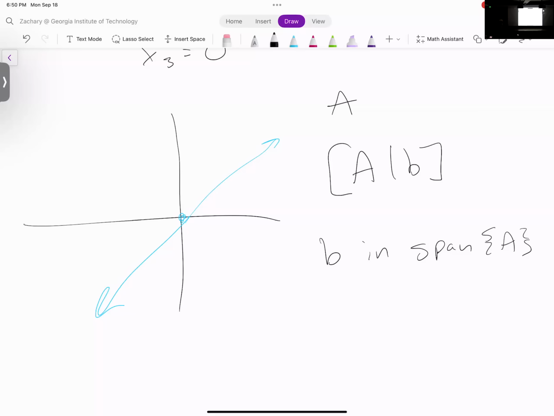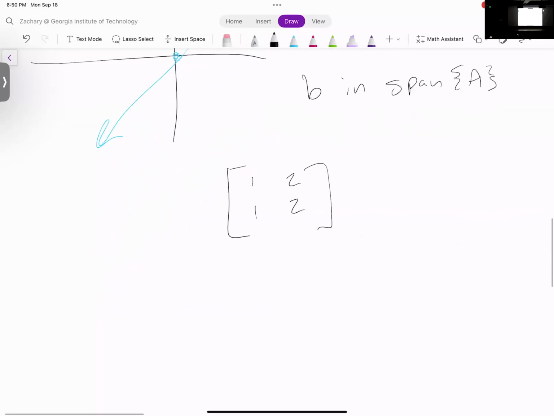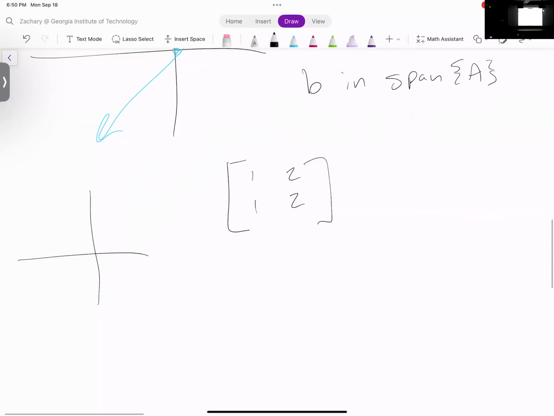So if I draw my A, say my A is 1, 1, 2, 2. The span of the columns of this matrix is going to be this line that touches the origin, passes through these points and extends to infinity.